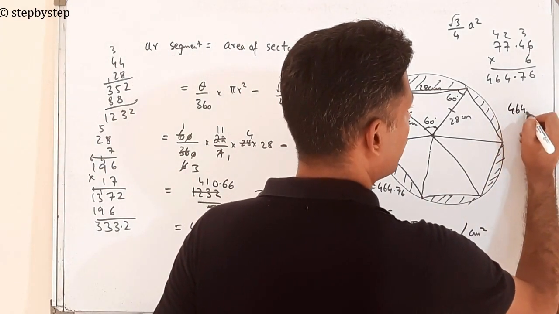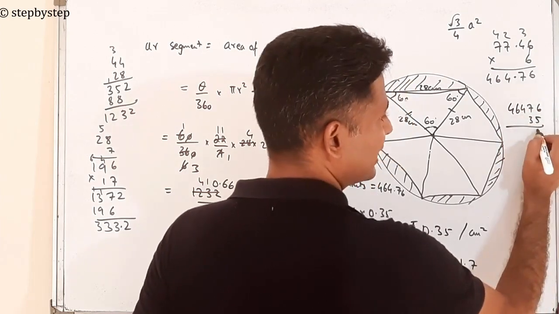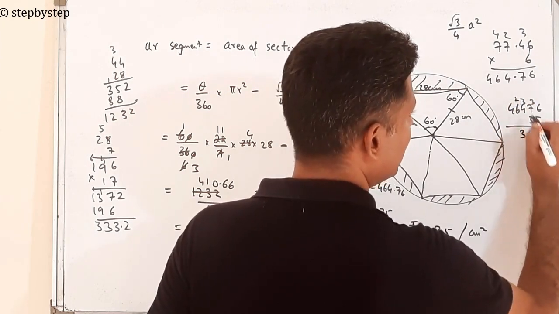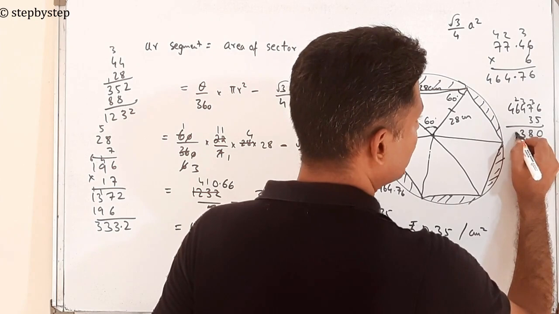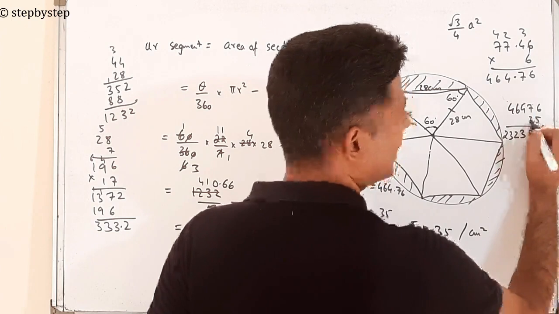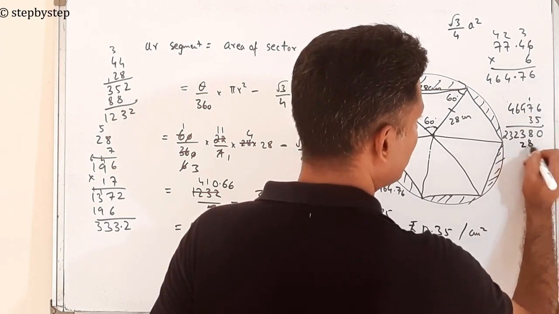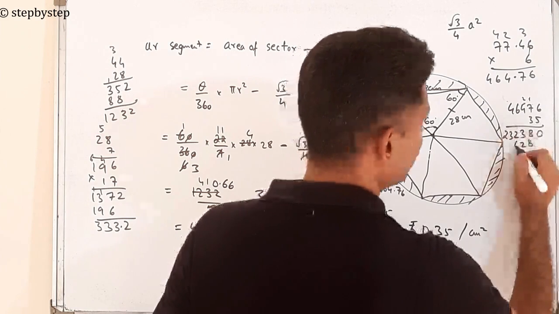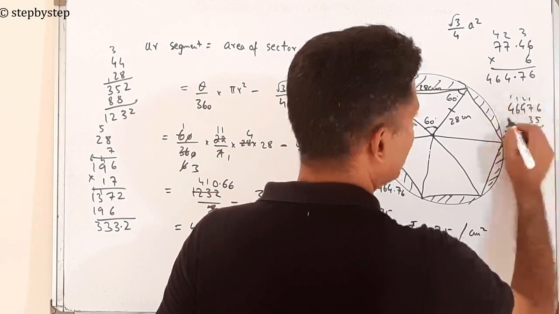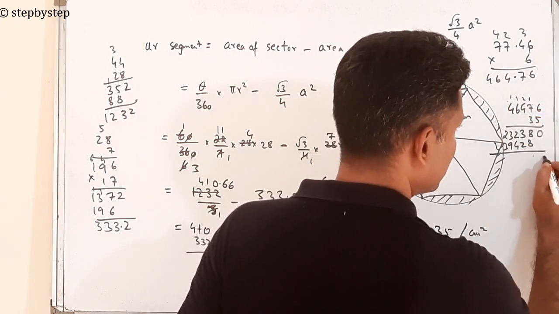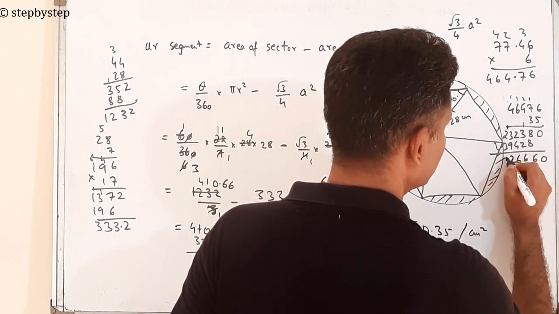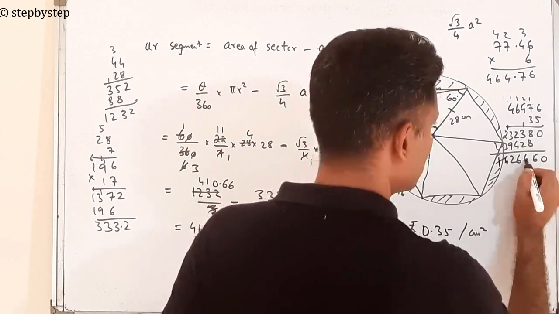Multiplying step by step, 6 5s are 30, 5 4s are 20, and when I multiply by 3, 3 6s are 18, and so on.